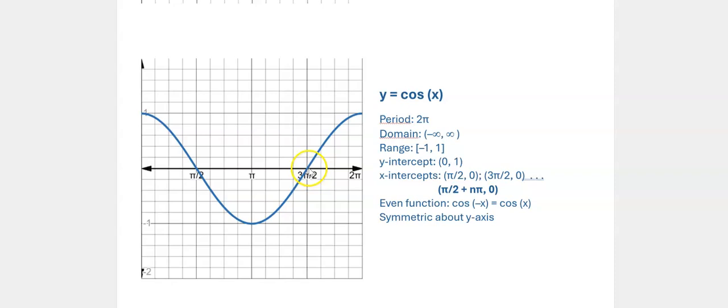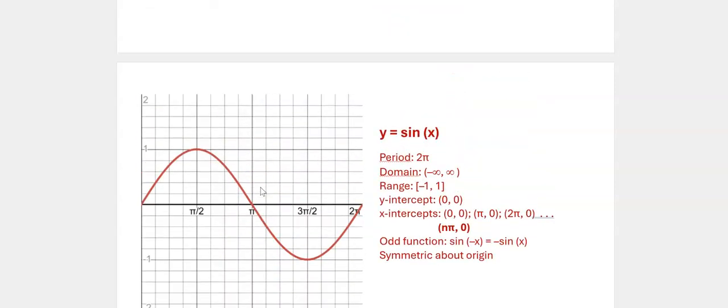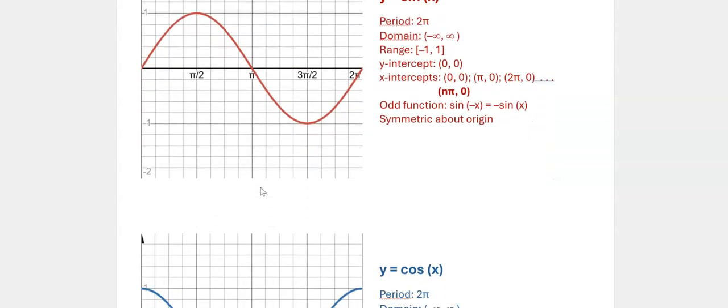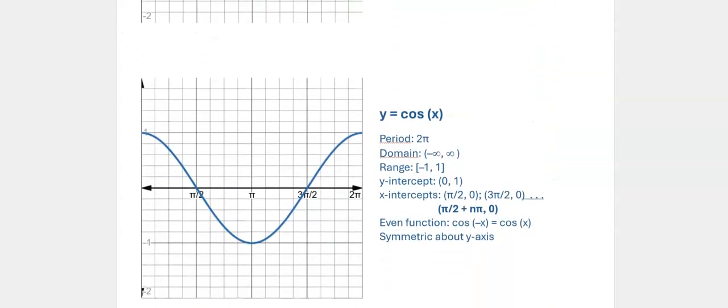Those are our x-intercepts, and then it's got 2 maximums at 0 and at 2 pi and 1 minimum. So still 5 parts, but in the cosine, you have 2 intercepts and 2 maximums and a minimum. With the sine, you have 3 intercepts, 1 maximum and 1 minimum. And you would just plot those points and graph them just like you see here.